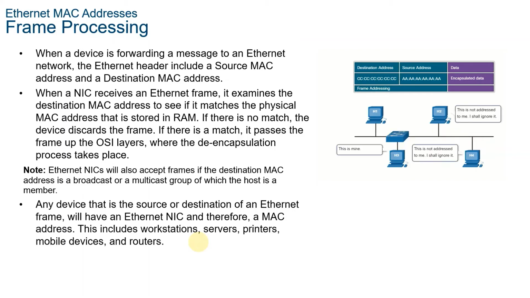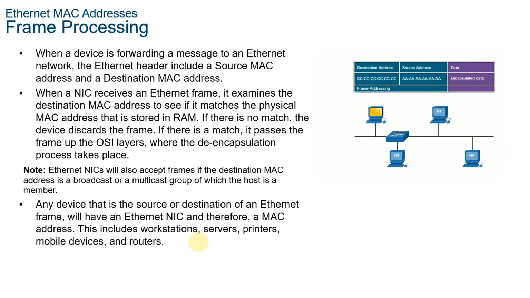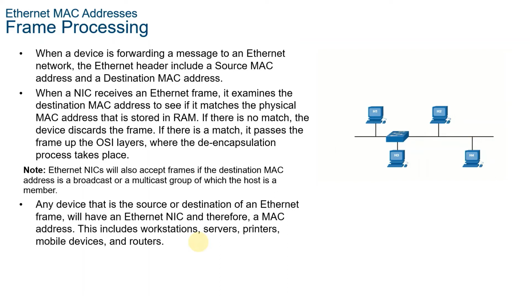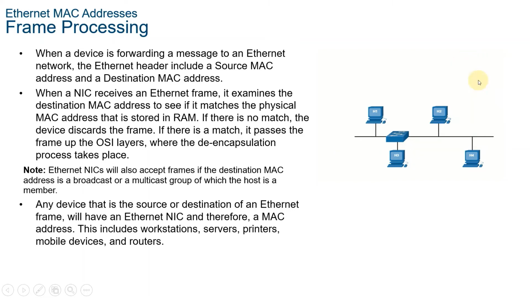The source MAC address is the MAC address of the source device NIC, and the destination MAC address is the MAC address of the destination device NIC. So you've got an animated figure. Here, if you will observe, you've got the source address, the destination address, and of course, the data with it.